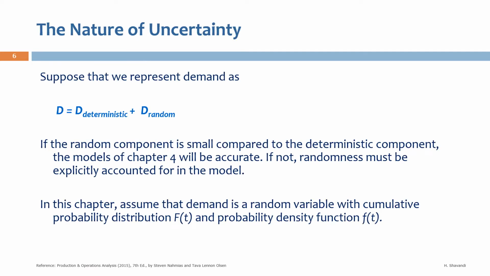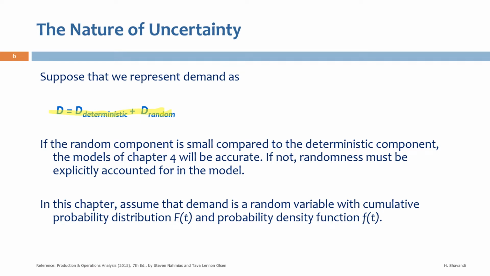The nature of uncertainty here: usually we formulate the demand in this form. We will have two terms. The first term will be the deterministic part of the demand, and the second term will be the random part of the demand.